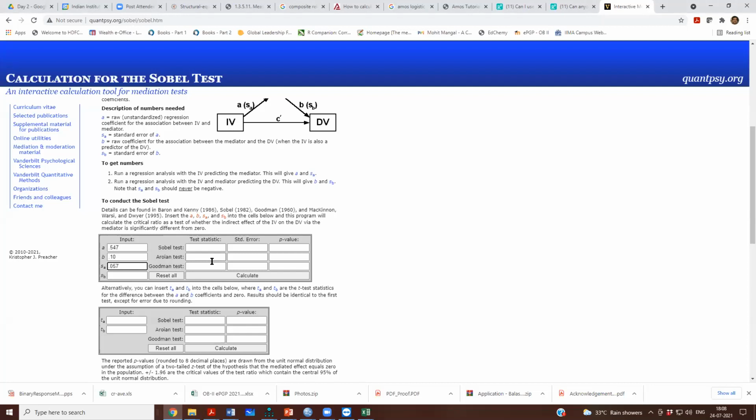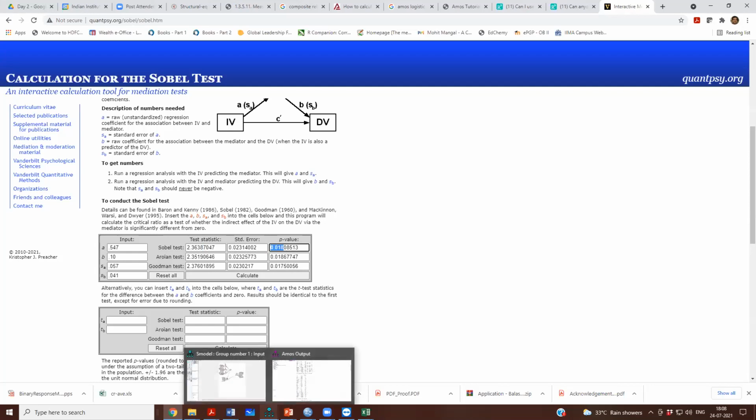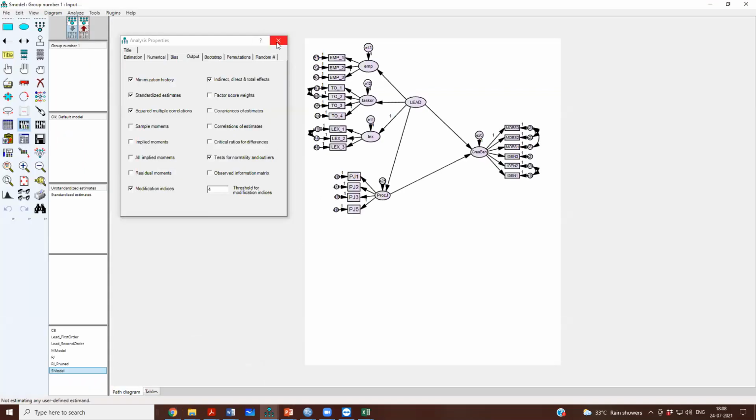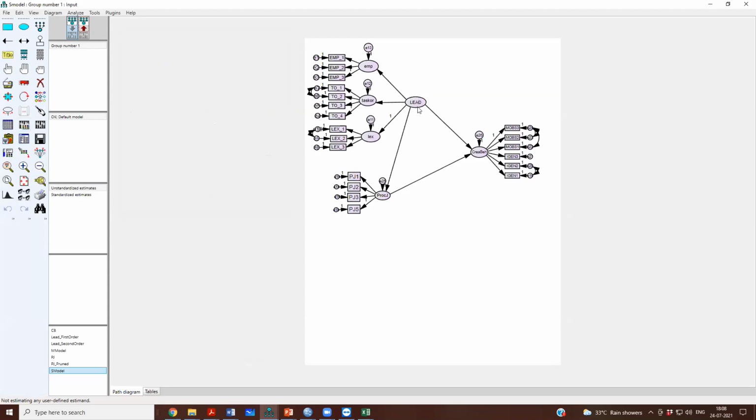Standard error of A is 0.057 and standard error of B is 0.041. If we calculate, we get the Sobel's T statistic as 2.36 and the p-value is less than 0.05. That means the indirect effect is significant here, and that PJ significantly mediates the relationship between leadership and creative behavior.